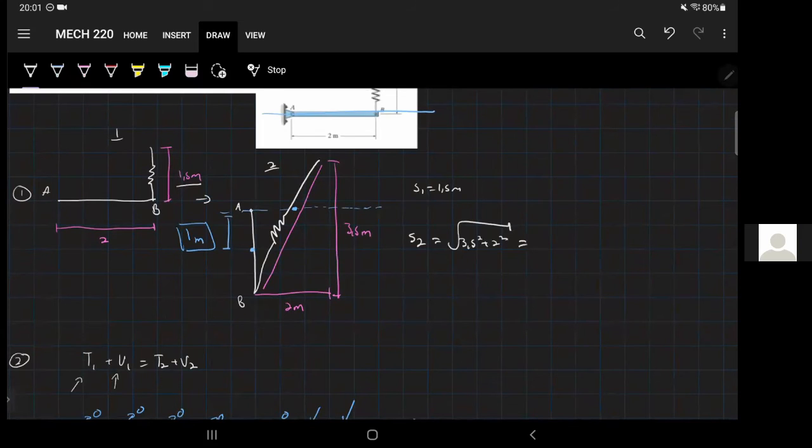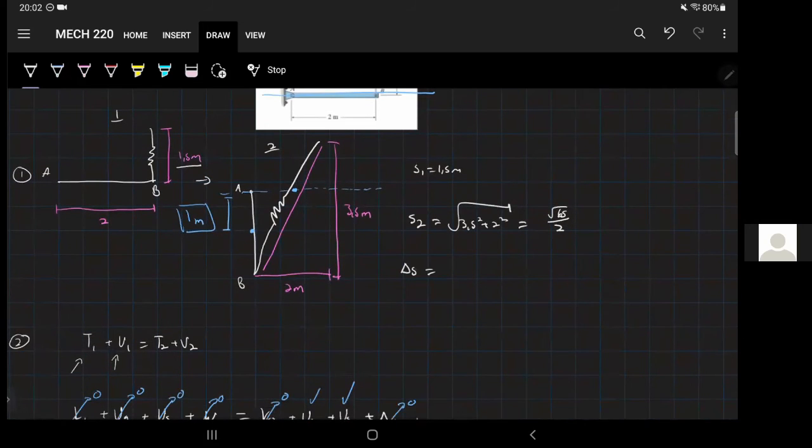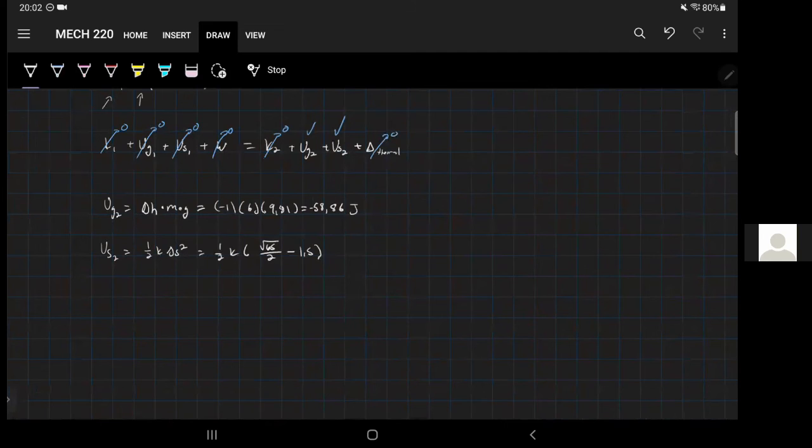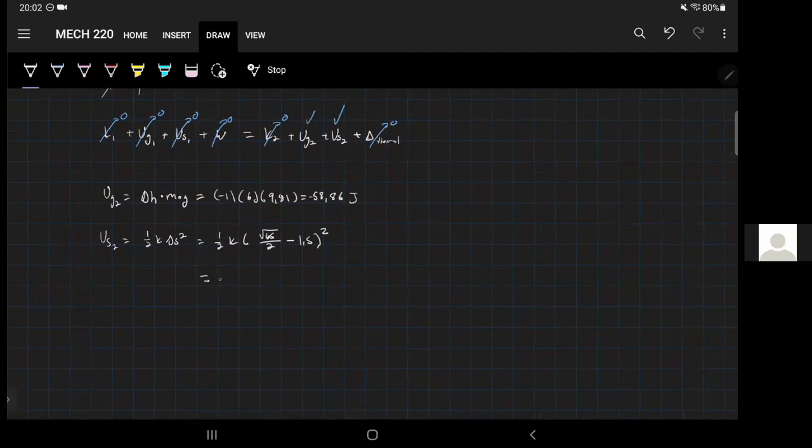Which should give us a value of square root of 65 over 2. All right, so delta S is going to be equal to square root of 65 over 2 minus 1.5 meters, which is what I'm going to put here, right? I'll have 1/2 k times (square root of 65 over 2 minus 1.5) squared, which gives me a final value of 3.20 k.